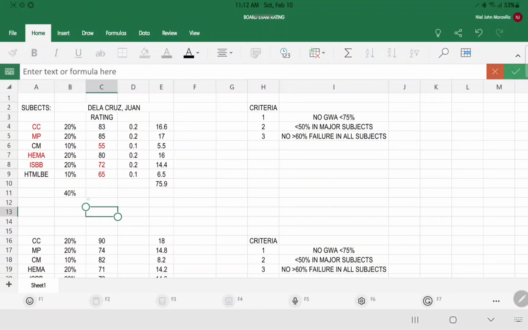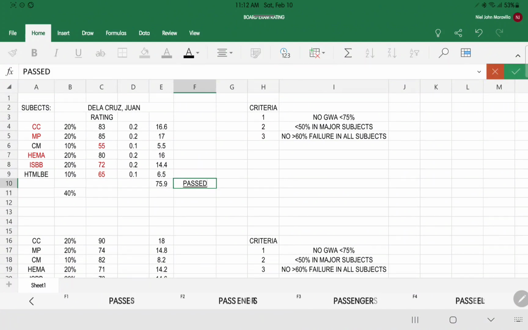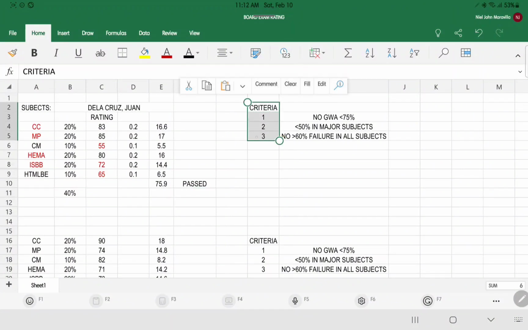Since he has only 40% failure in all six subjects, he still passes. His final verdict is pass, because he did not fall under any of criteria 1, 2, or 3.